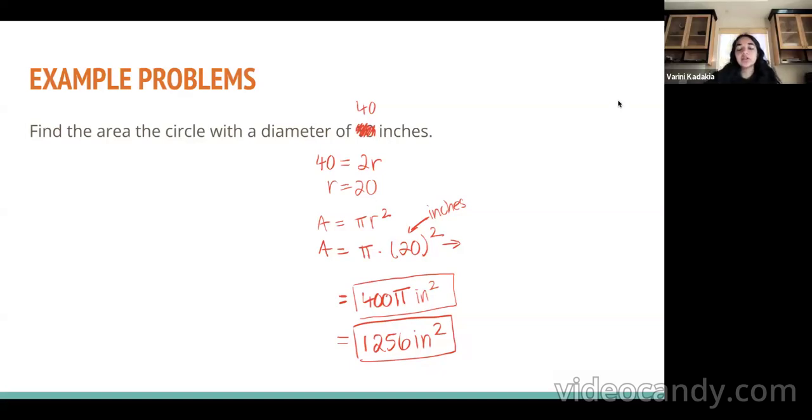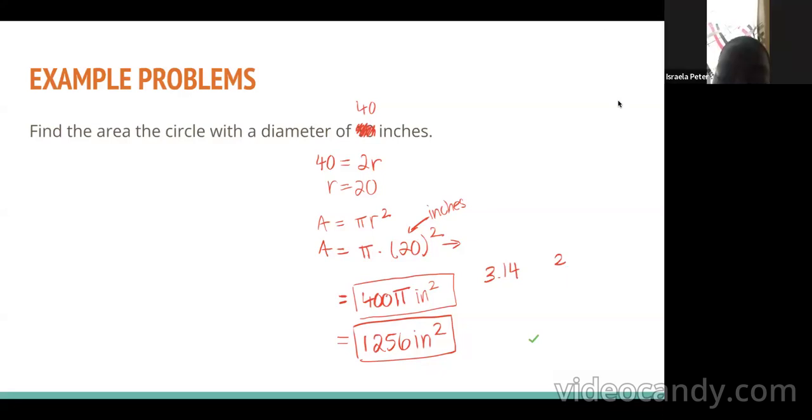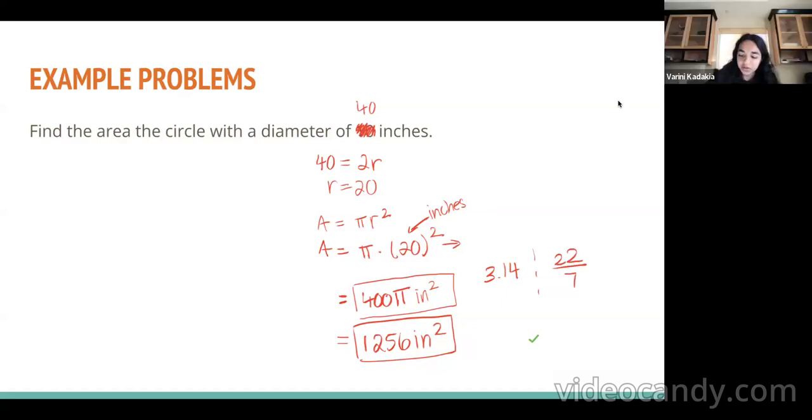No. That brings up a good point, because I think the estimates of pi we're using are different when we multiply it out. I used 3.14, but you might have used 22/7. When you use these two different estimations, you're going to get different answers.